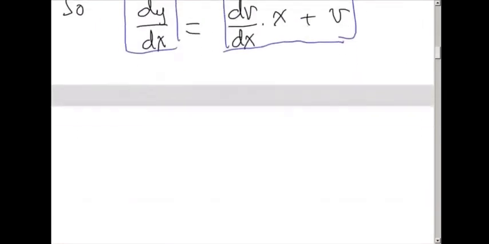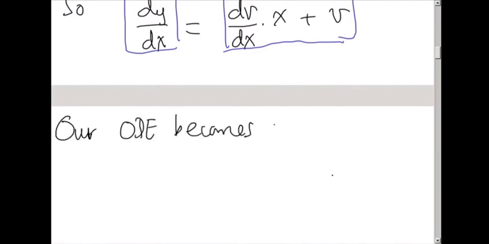So our ODE becomes, on the left side, dv dx times x plus v.